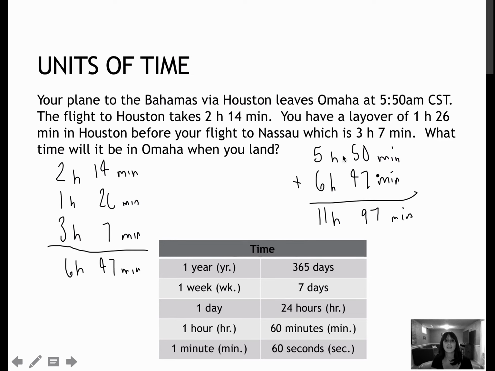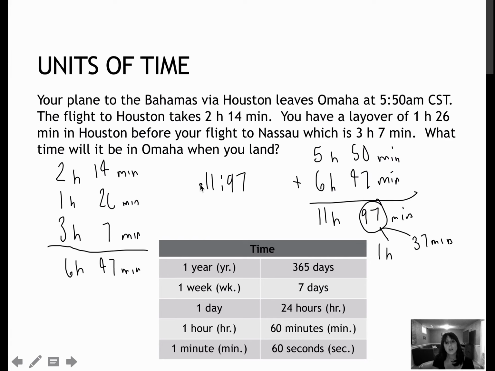And that doesn't make sense because there is no time that is 11:97. So that's no good. I can, however, take this 97 and say, well, 60 of those minutes could make another hour. So I could add one over here. And then the other 37 minutes could still remain in minutes.